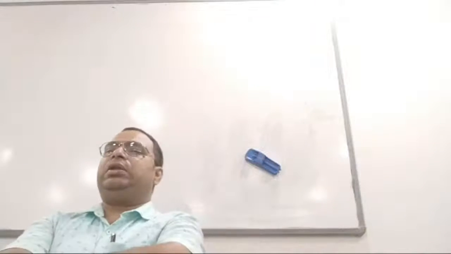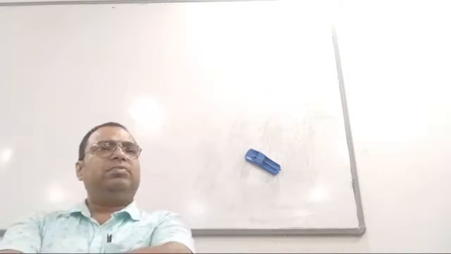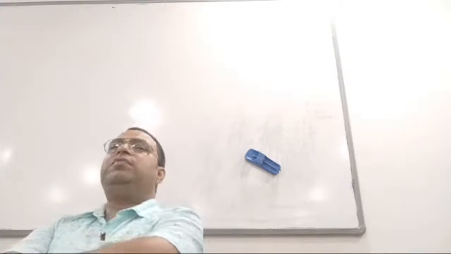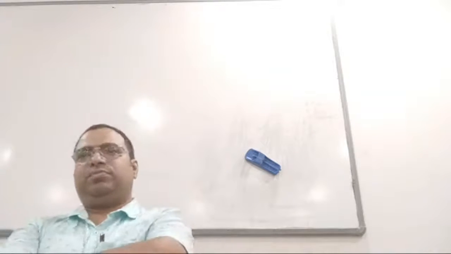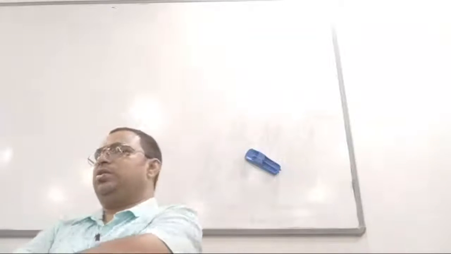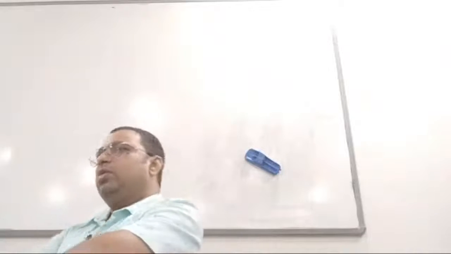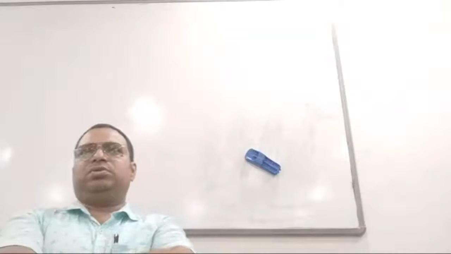What happens when a relational operator is applied on the operands? It gives a Boolean result. So we can obtain the result in the form of true or false.